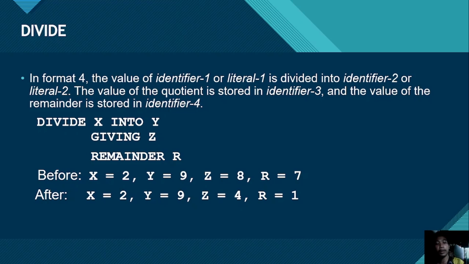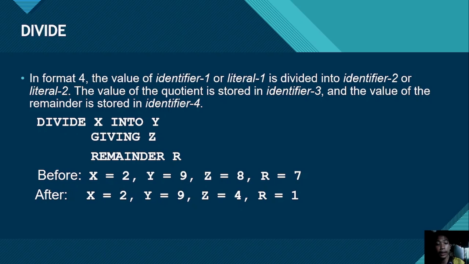So in this format, we can also store the remainder to another variable. Just like the steps before, we can copy the steps we used a while ago, and for the remainder we can use the REMAINDER keyword to determine what is the remainder between x into y, or y divided by x.